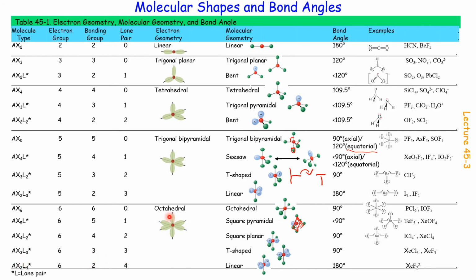The fundamental geometry is still octahedral, but now all of the 4 equatorial positions are occupied by the lone pairs, the molecular shape is just linear and the bond angle is 180 degrees. And this is an example for molecules with a total of 6 electron groups and a linear shape.